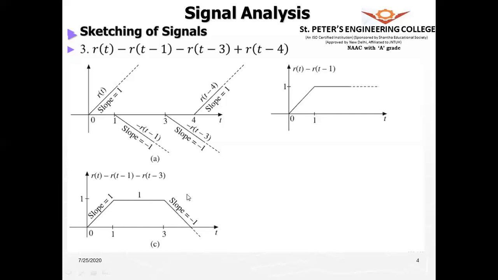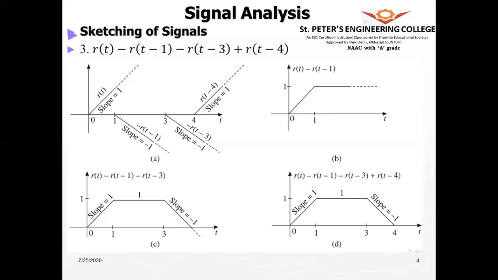Now this will continue, but if you observe at t equals plus 4, there is another ramp that starts with a slope of plus 1. As we know, there is already a slope of minus 1 started from t equals plus 3. So at t equals 4, both the slopes become equal to 0, and the amplitude has also become equal to 0 here, and this continues.